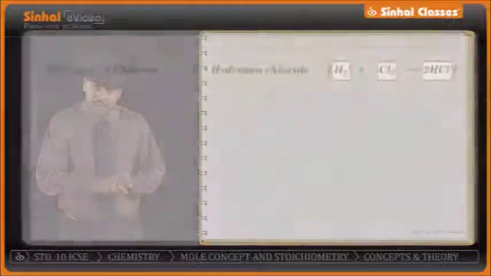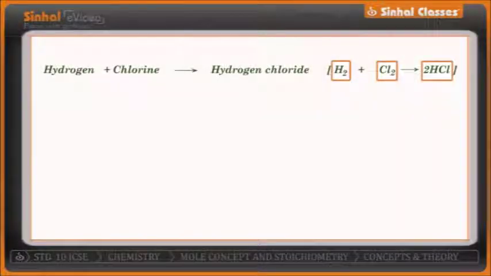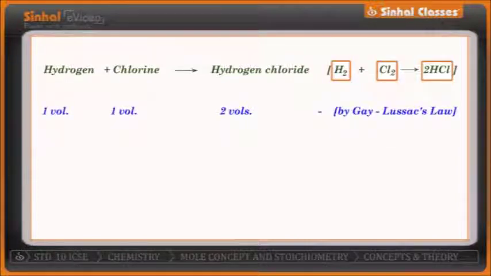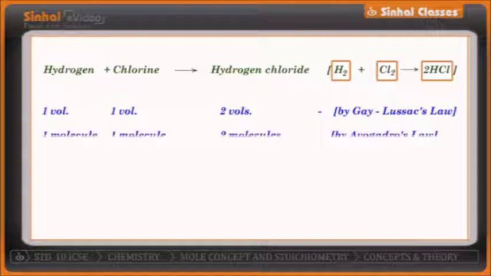So hydrogen plus chlorine gives hydrogen chloride. According to Gay-Lussac's law, one volume of hydrogen combining with one volume of chlorine gives two volumes of HCl. By Avogadro's law, one molecule of hydrogen combines with one molecule of chlorine giving two molecules of HCl, that is hydrogen chloride.